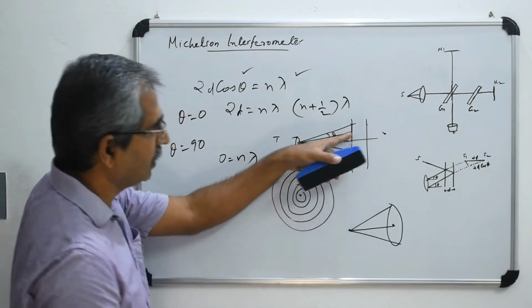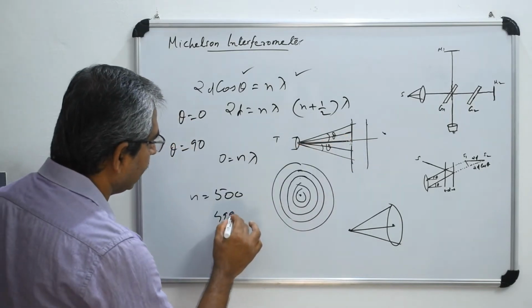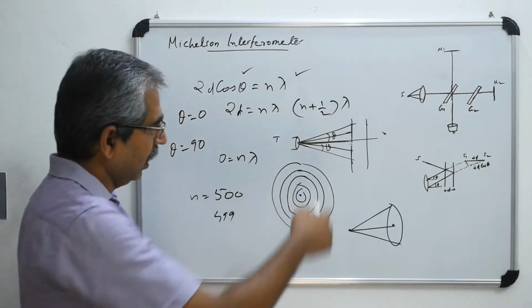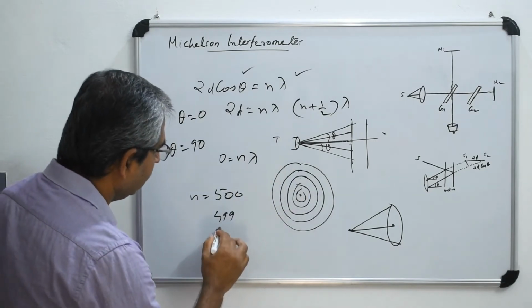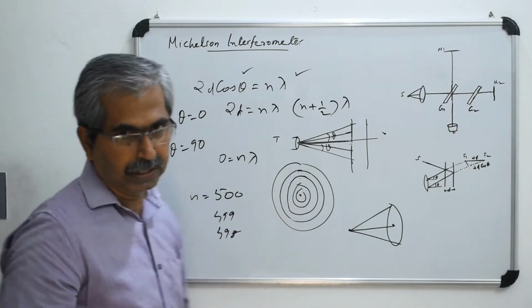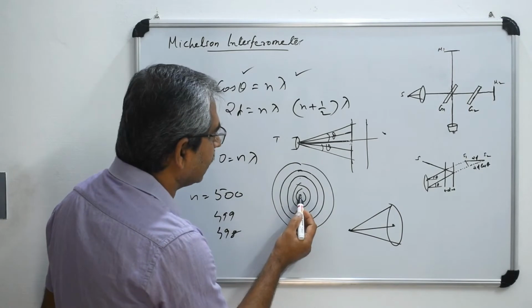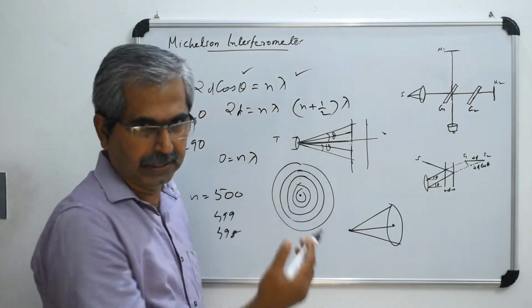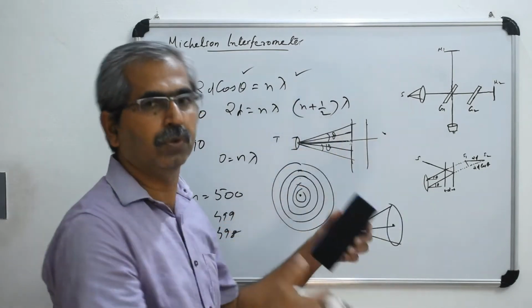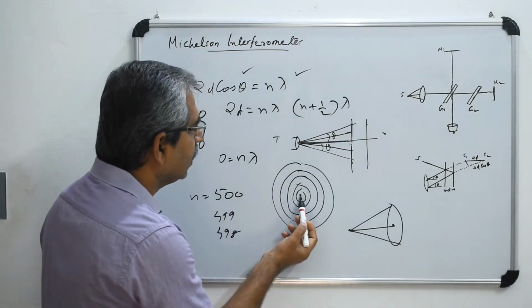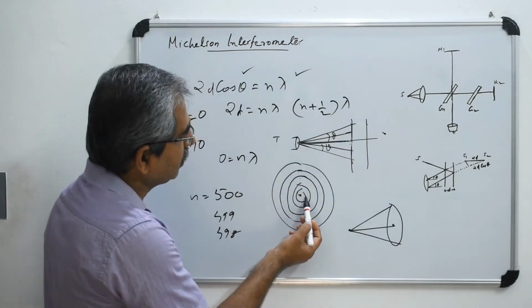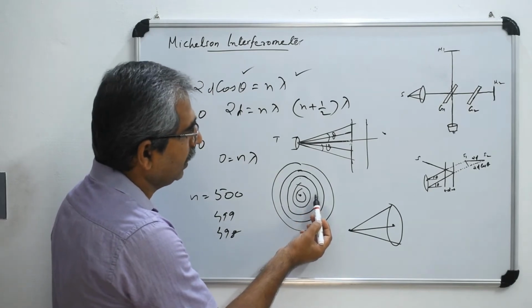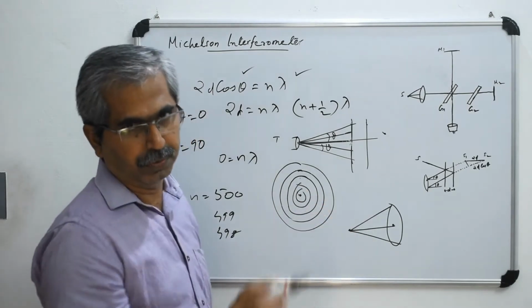The next one you will see will be the 499th ring, the next one will be the 498th ring, and so on. That is an example. Altogether, if you see 200 fringes, then 200 you have to put at the center. Then 199, 198, 197, and so on.